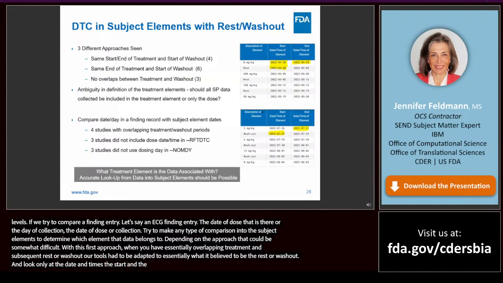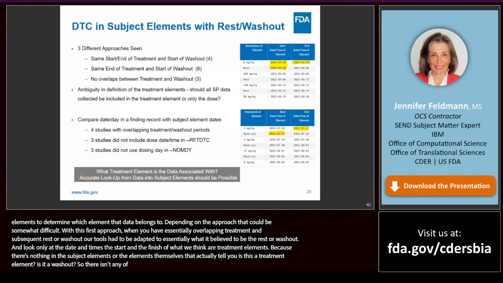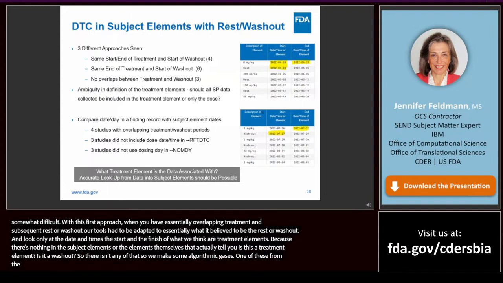Because there's nothing in the subject elements or the elements themselves that actually tells you whether this is a treatment element or a washout, we have to make some algorithmic guesses and eliminate one of these from the lookup when we're determining which of the elements a piece of data goes with. So this first approach can be particularly problematic because there is that ambiguity between the 2 elements.